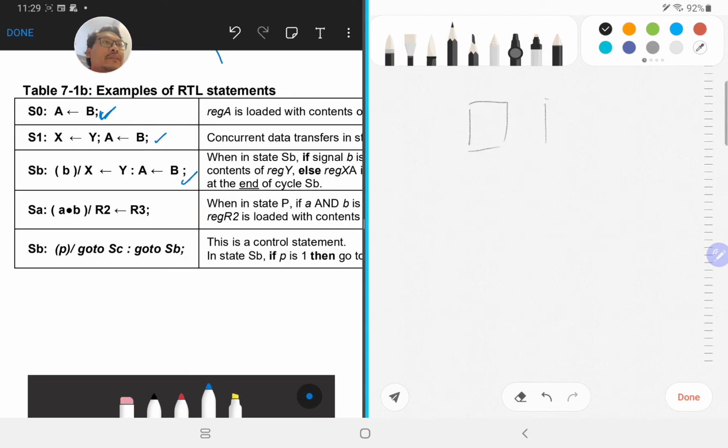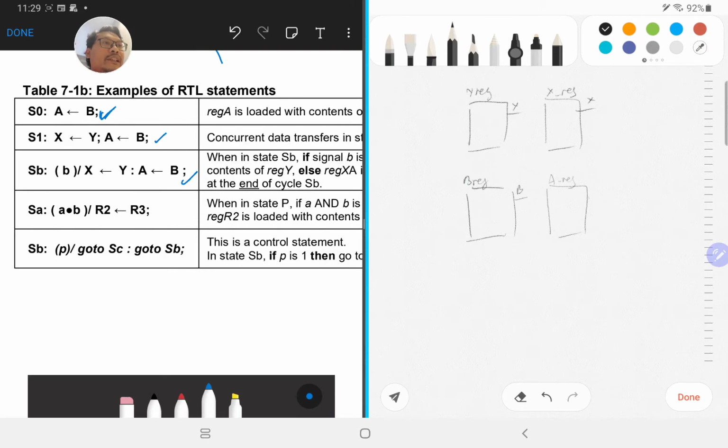So we are going to have 4 registers there. We have the X register and the Y register, and we also have the A and B registers. The A register is here on the right, the B register on the left.